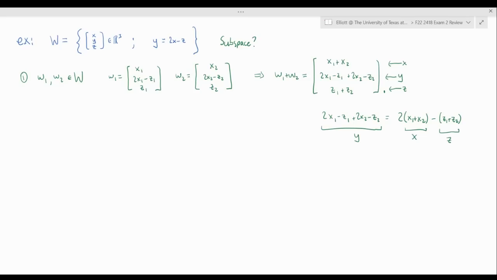So that means that the sum satisfies the same condition, and so we can conclude that W1 plus W2 is a vector inside of the set W. What this proves is that for any two vectors in W, their sum is also in W. That means W is closed under addition.